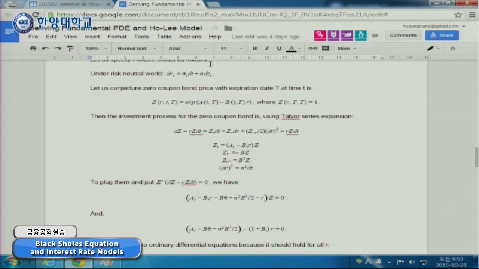Almost every bond, every coupon bond, can be decomposed into zero coupon bonds, right? So let's calculate the zero coupon bond price.